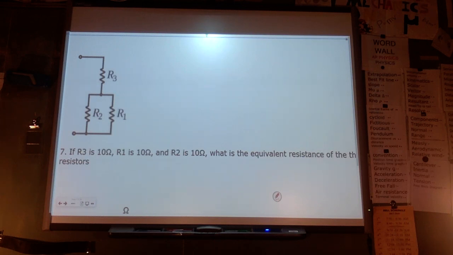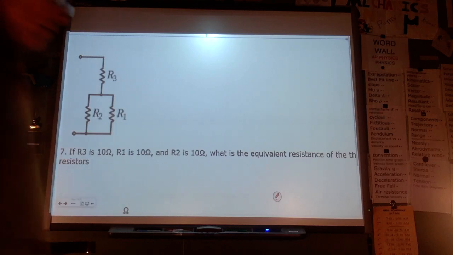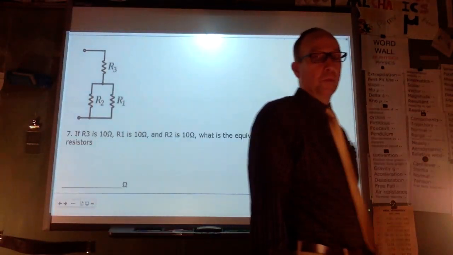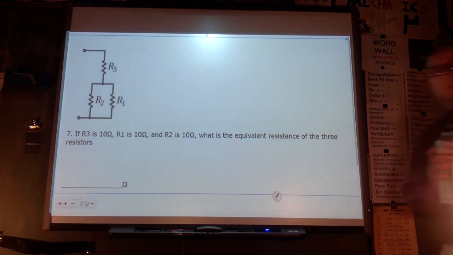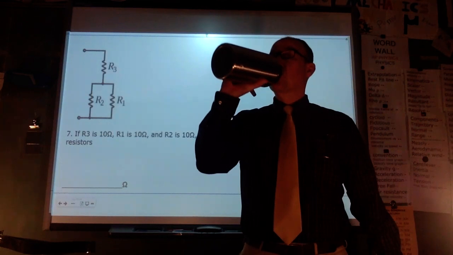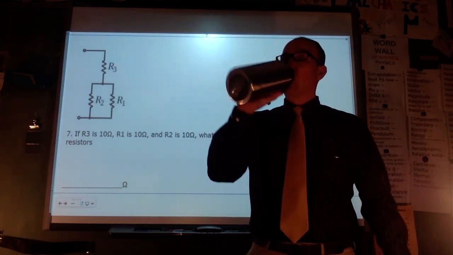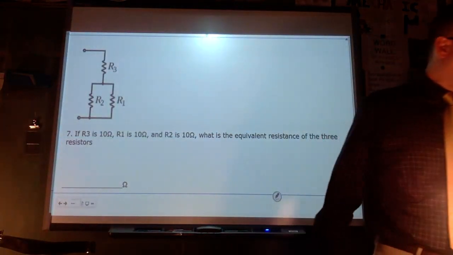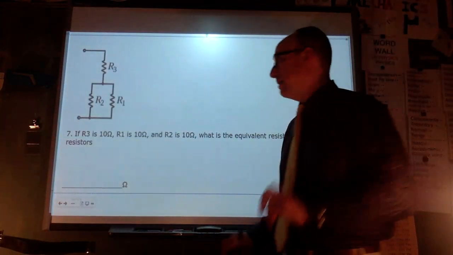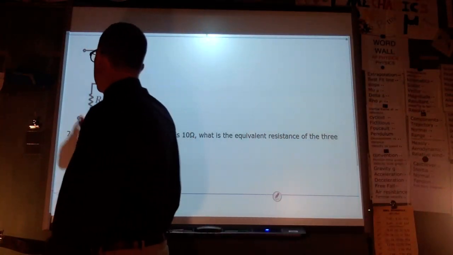All right, adding resistors, compound resistors. The point of this is always to try to make it to be one path. And to get it to be one path, you should try to eliminate any parallel junctions.